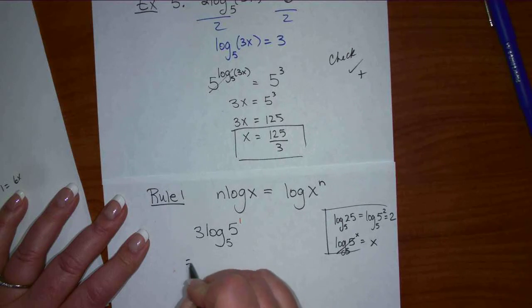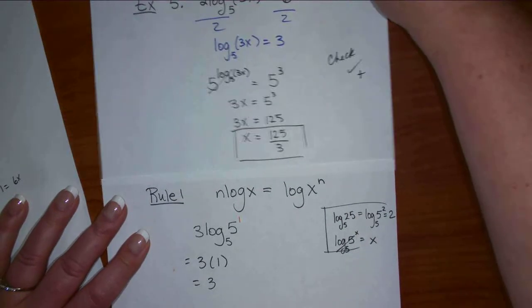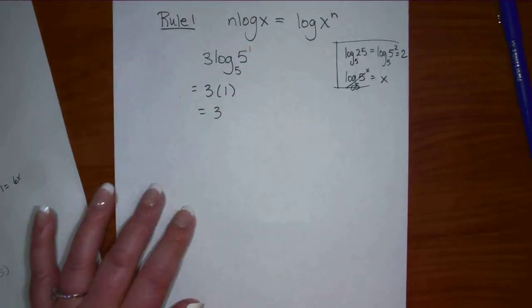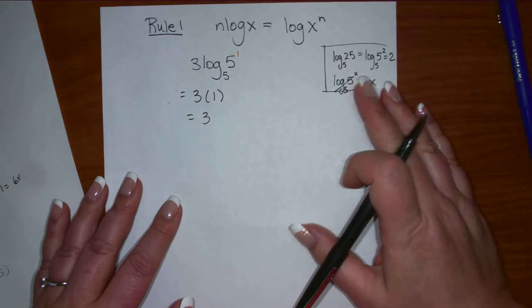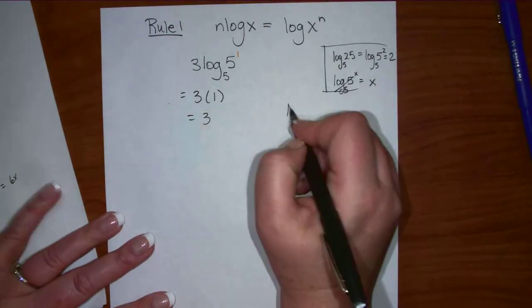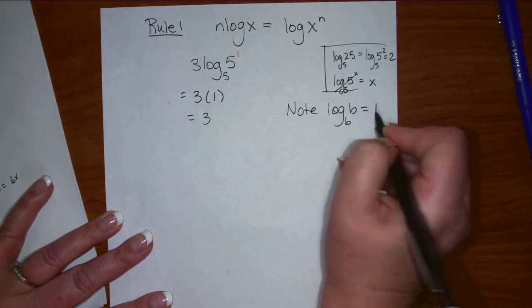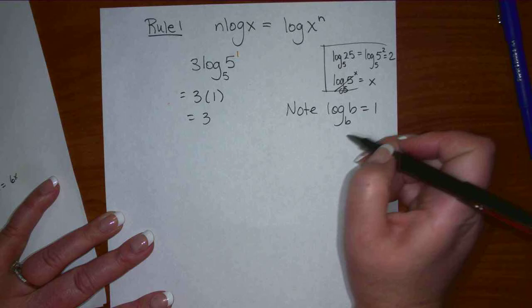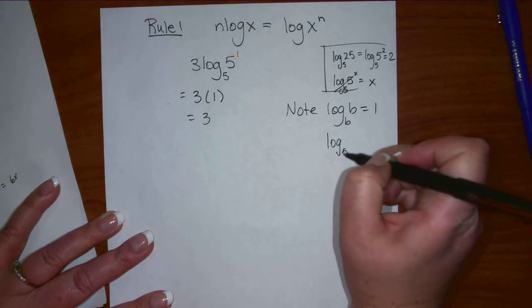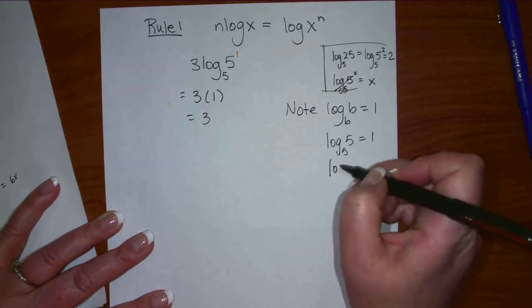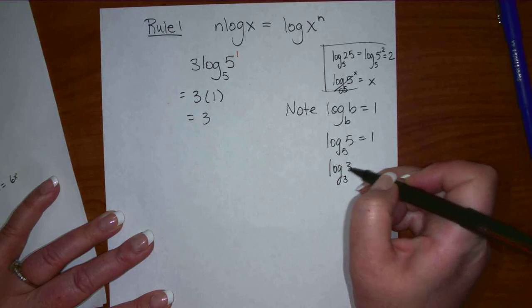So this is 3 times 1. Is that okay? Log base anything to the same base is equal to 1, always. So log base 5 of 5 is 1. Log base 3 of 3 is 1.